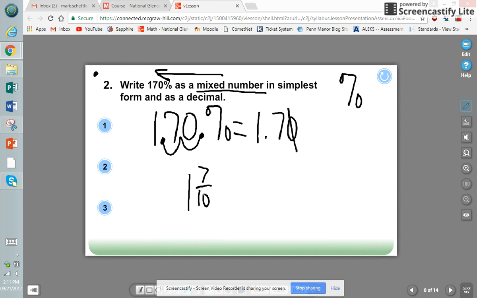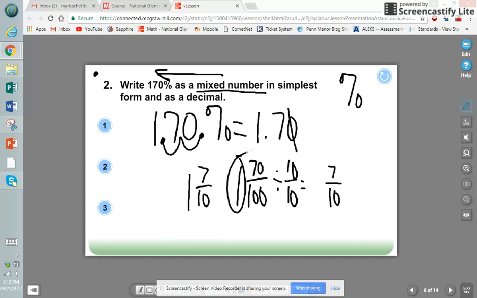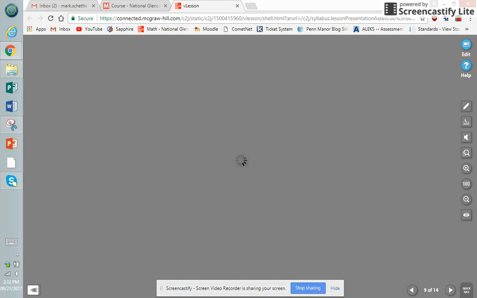Even if you would have said 1 and 70 hundredths, we could have reduced that, dividing by the common factor of 10, which would leave me with 7 tenths. You got it. We'll never forget our whole number here. Move that over here. It would be 1 7/10.